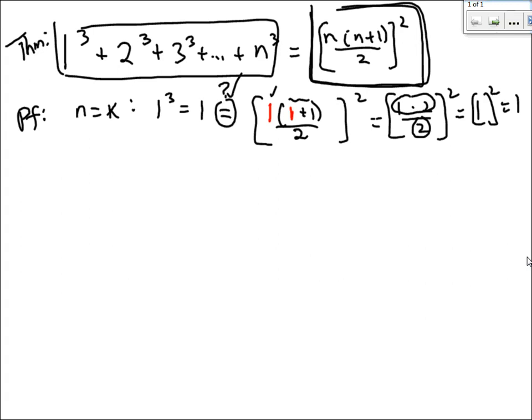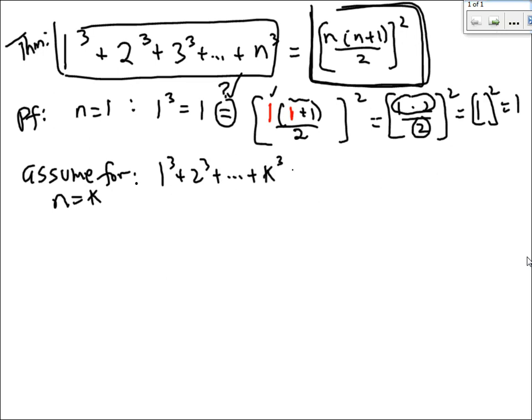Okay, now our induction hypothesis. Of course, that was for n equals 1. Now we assume for n equals k that this rule holds. 1 cube plus 2 cube, not up to n cube, but k cube.